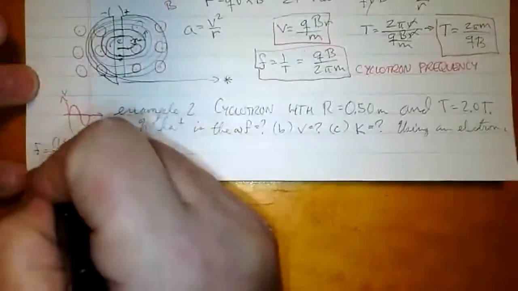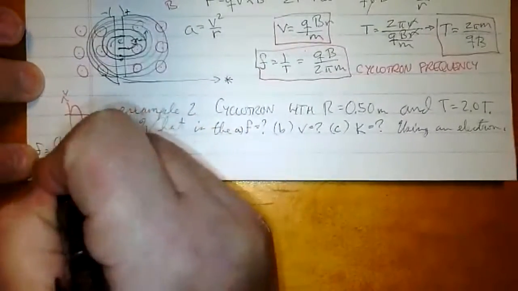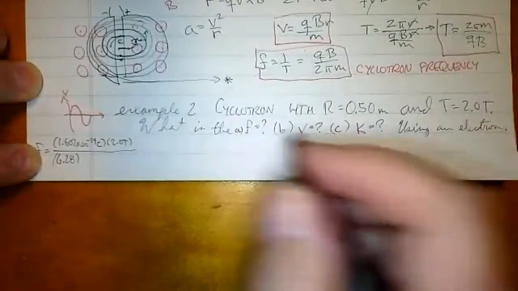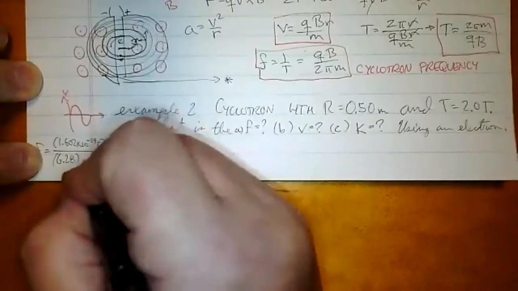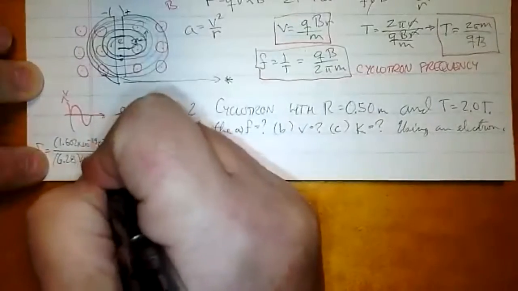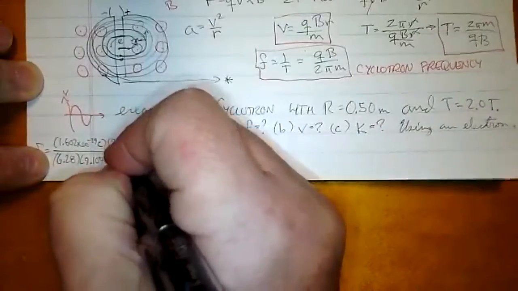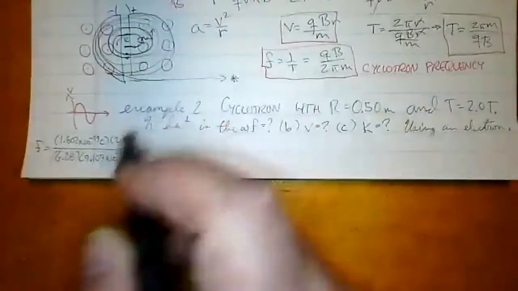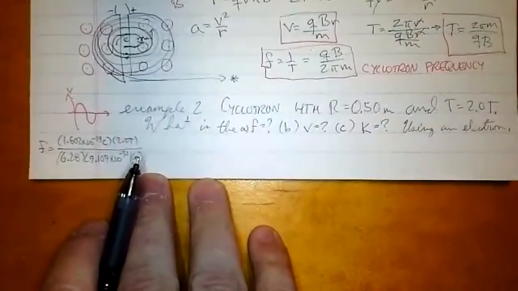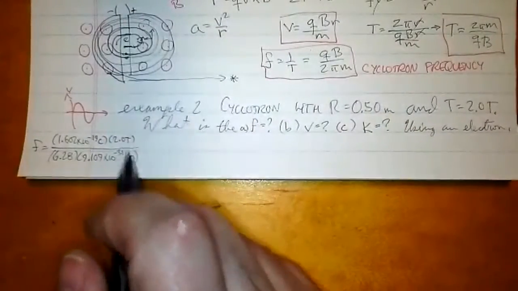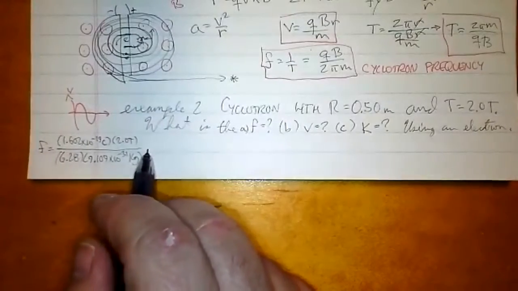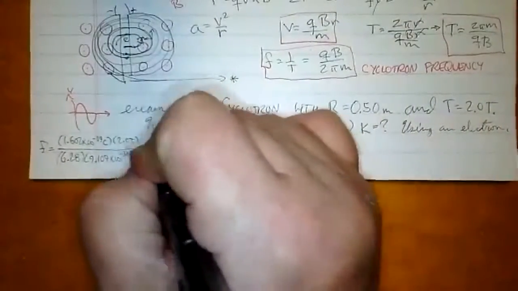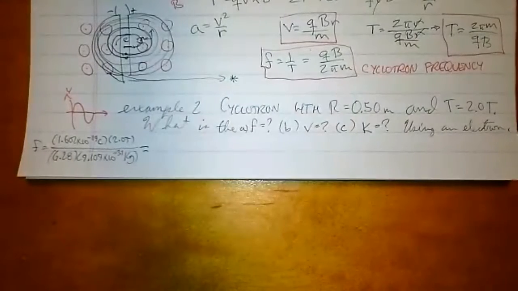The 2 pi is roughly 6.28, that's good enough, I guess, because I'm only doing 2 sig figs. And then, of course, the mass is 9.109 times 10 to the negative 31st kilograms. You haven't learned enough about electricity and magnetism necessarily to know that this Tesla cancels out with the kilogram down here and the coulomb up here to give you 1 over seconds, or the frequency in hertz. So I'll just let that slide, but just tell you it does work.